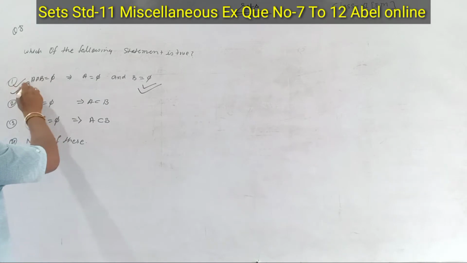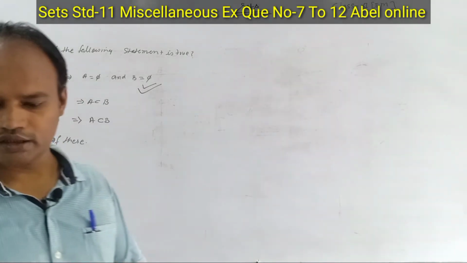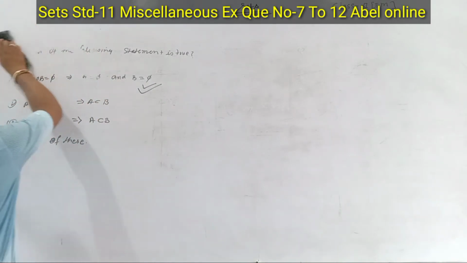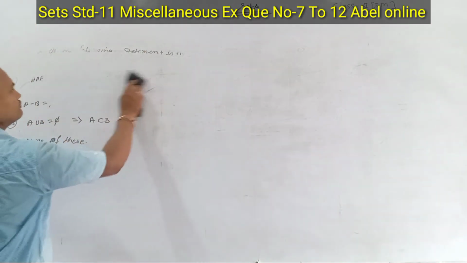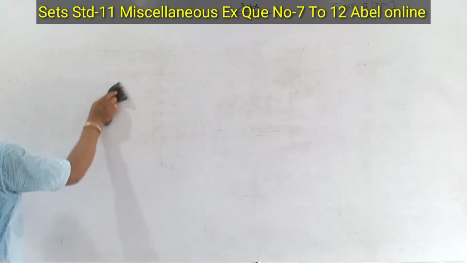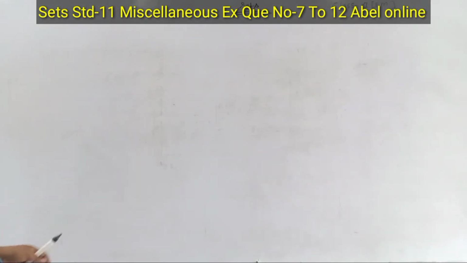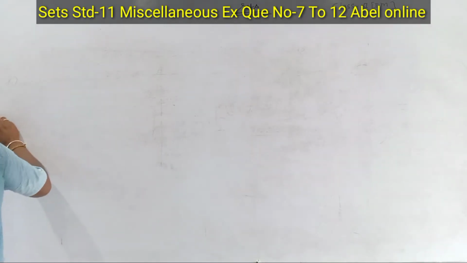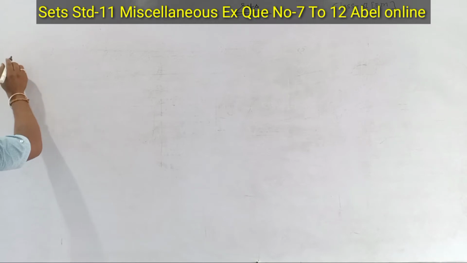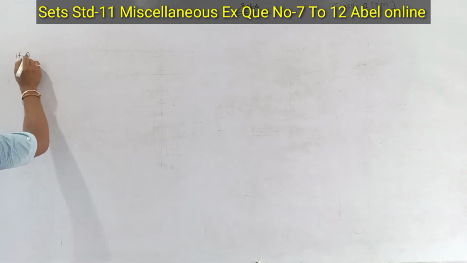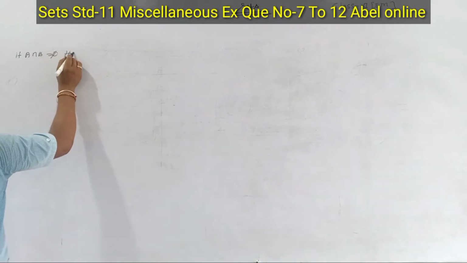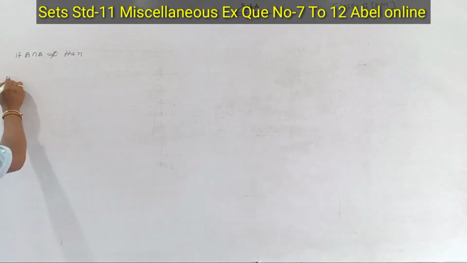So it is completed. Now we are on the next question, question number 9. Question number 9 is: if A intersection B equals phi, then which holds?